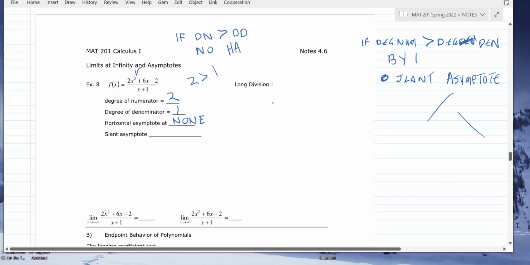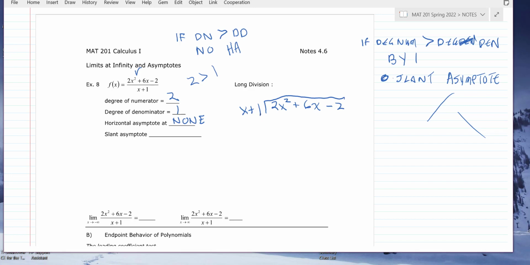So what we're going to do is we're going to do long division. Okay, this is an algebra background issue that oftentimes students have to review. You generally in pre-calc and college algebra go through synthetic division at least. And this one could be done with synthetic division, and I'm going to do that.